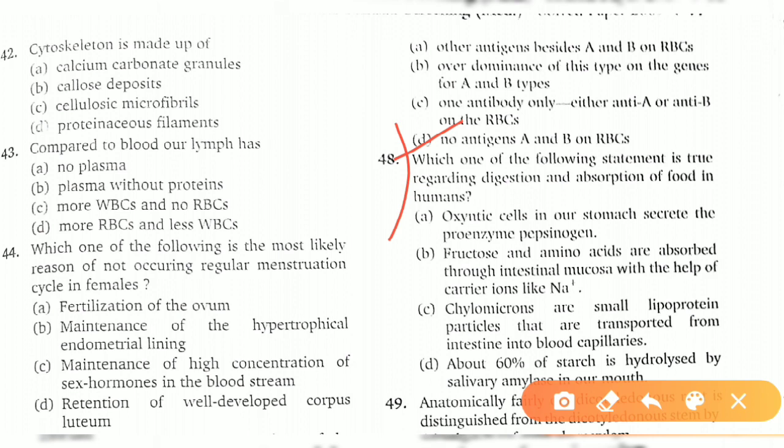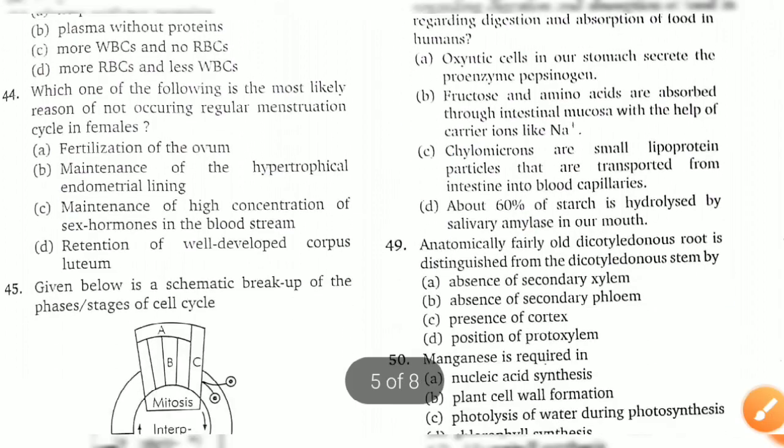Chylomicrons are small lipoprotein particles that are transported from intestine into lymph capillaries. About 60% of starch is hydrolyzed by salivary amylase in our mouth. So, the answer is C. Chylomicrons are small lipoprotein particles transported from the intestine.